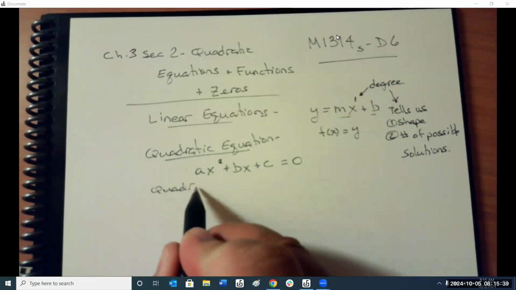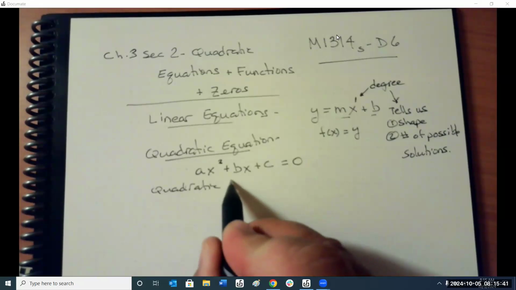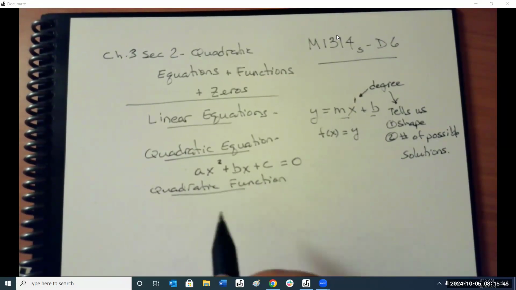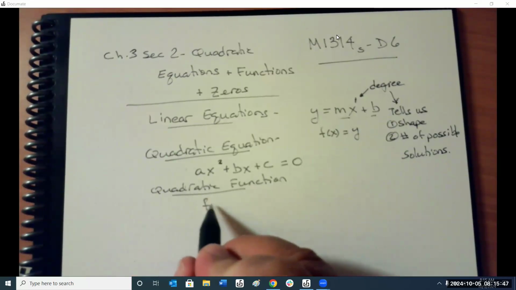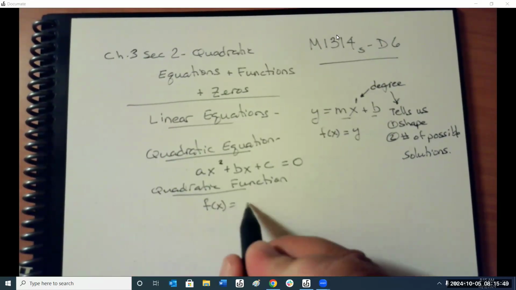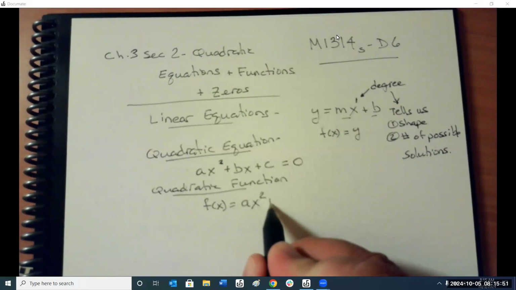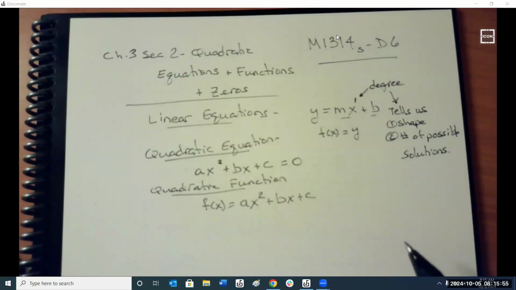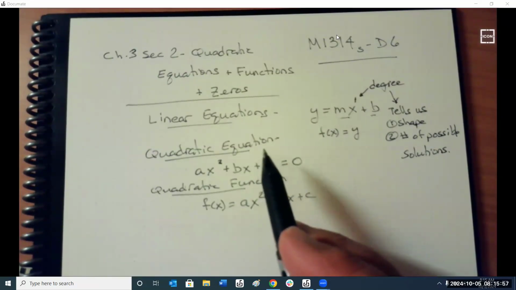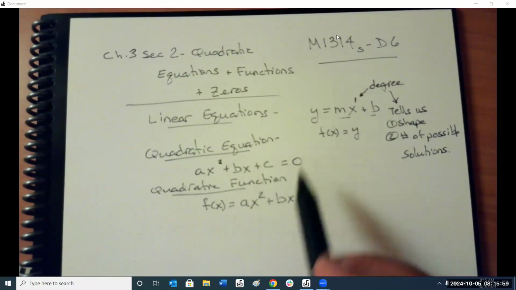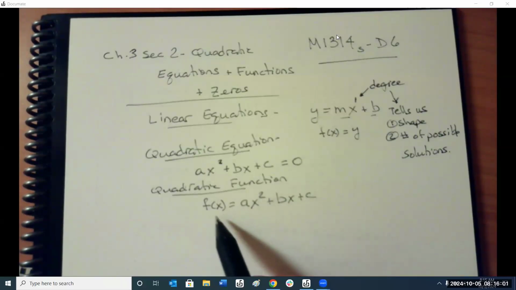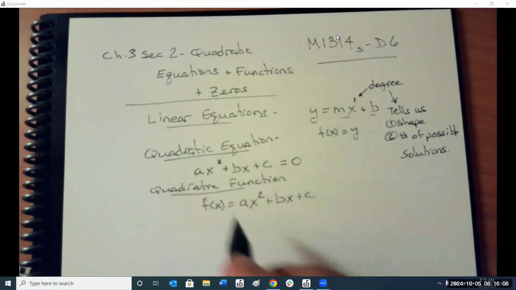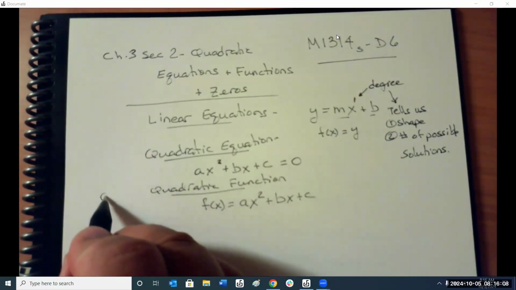When we say quadratic function, what we're looking at here is f of x equals ax squared plus bx plus c. Whenever we talk about quadratic equations, we set them equal to 0, and whenever we talk about functions, we have equals f of x.